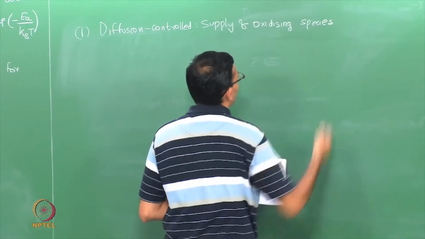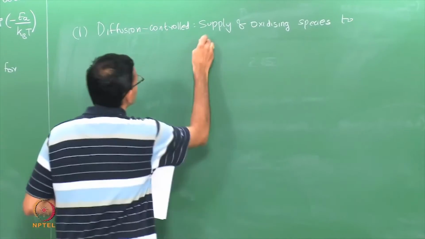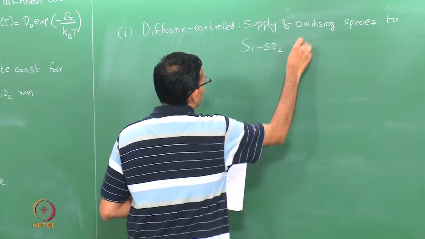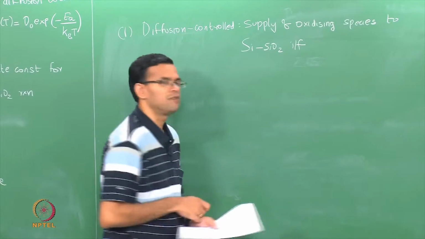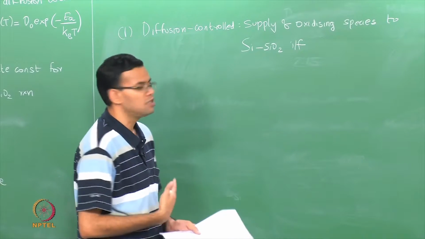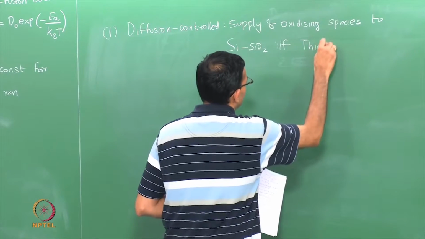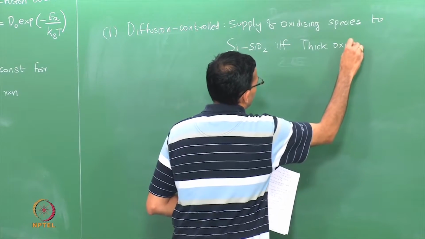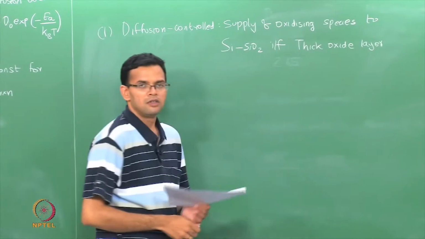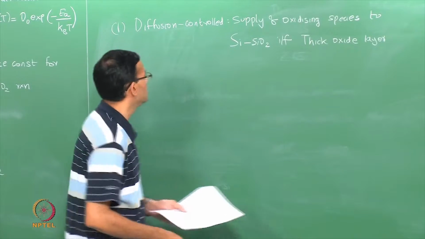So, the supply of the oxidizing species to the silicon SiO2 interface controls the overall rate of the process. So, this is usually the case when we have a thick oxide layer and at high temperatures where the rate of reaction is fast.